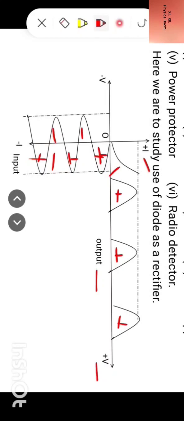When positive halves are applied at the input, then diode becomes under forward bias conditions and conducts. So we get positive halves. When negative halves are applied at the input, the diode becomes under reverse bias conditions. So diode does not conduct, so we don't get any current at the output.